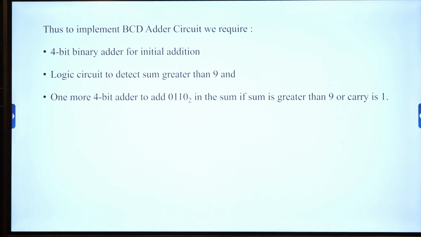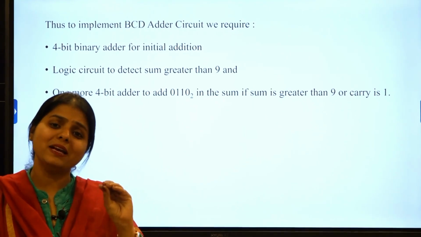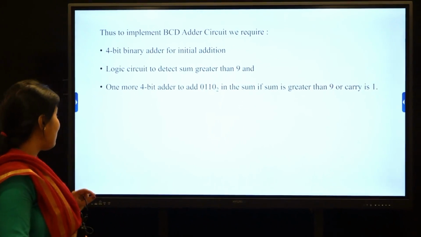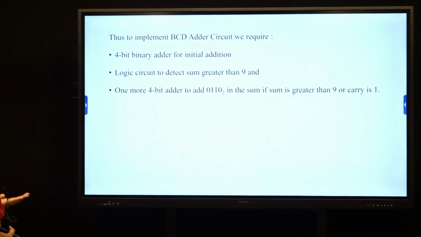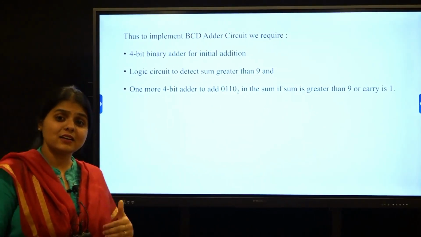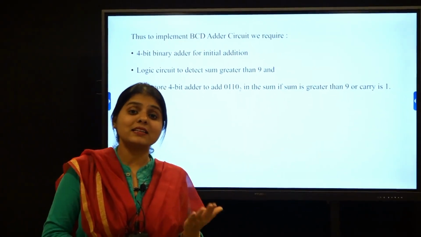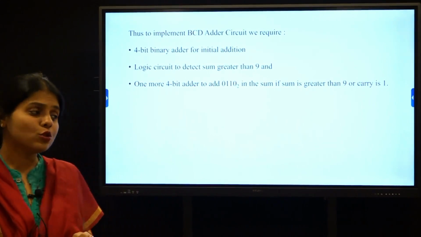Now let us try to implement the combinational logic circuit for the BCD adder. For designing this combinational logic circuit, we require a 4-bit binary adder for the initial addition. We are performing normal addition in the beginning, right? So for that we need a basic binary adder, and apart from that we also need an extra logic circuit which will detect if the sum is greater than 9 and add 6 to it.